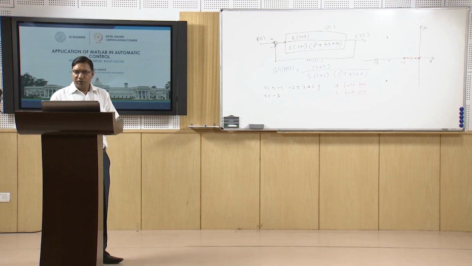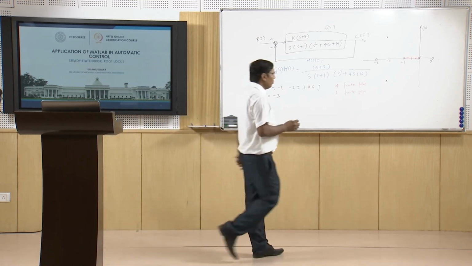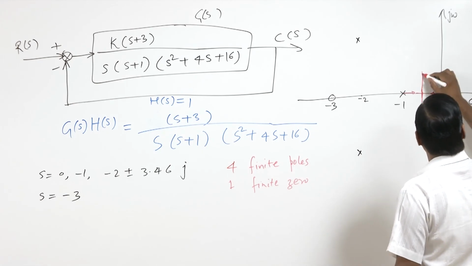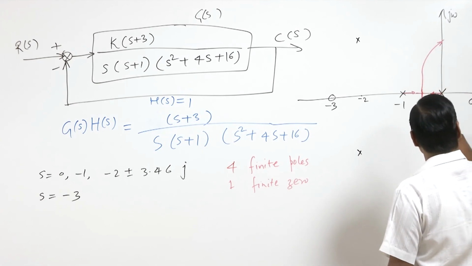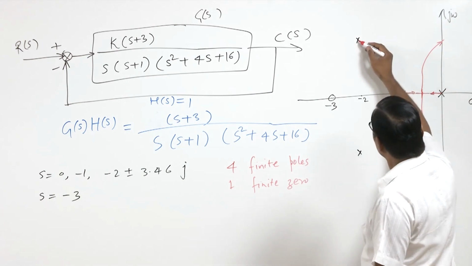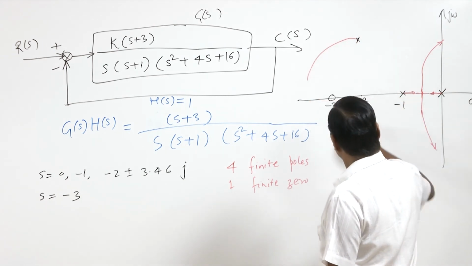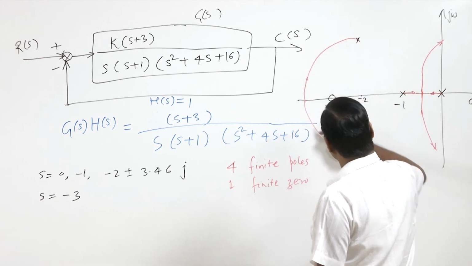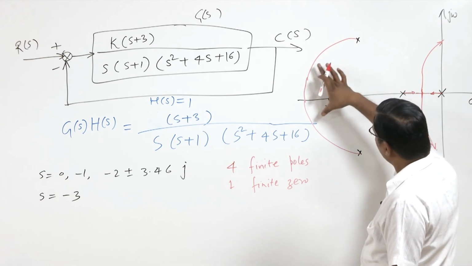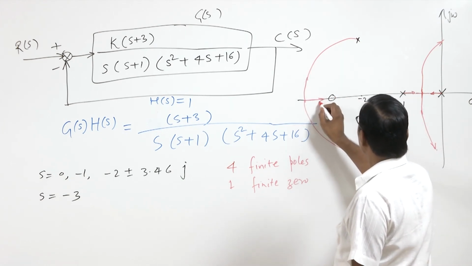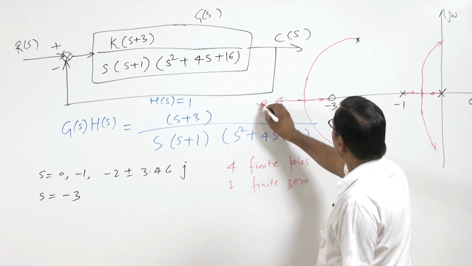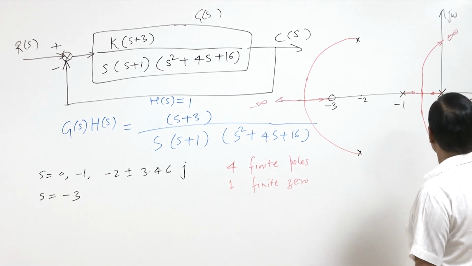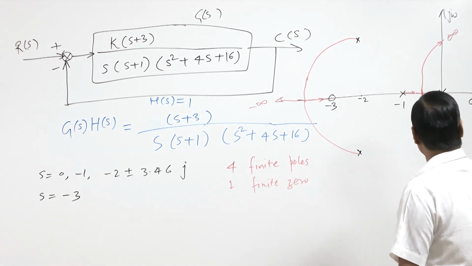So how will this happen? These are going to break away, and they go like this. These 2 poles will start and meet, because they move in a similar way, as the poles are in a pair. One will reach the zero and the others will reach infinity, following certain asymptotes.